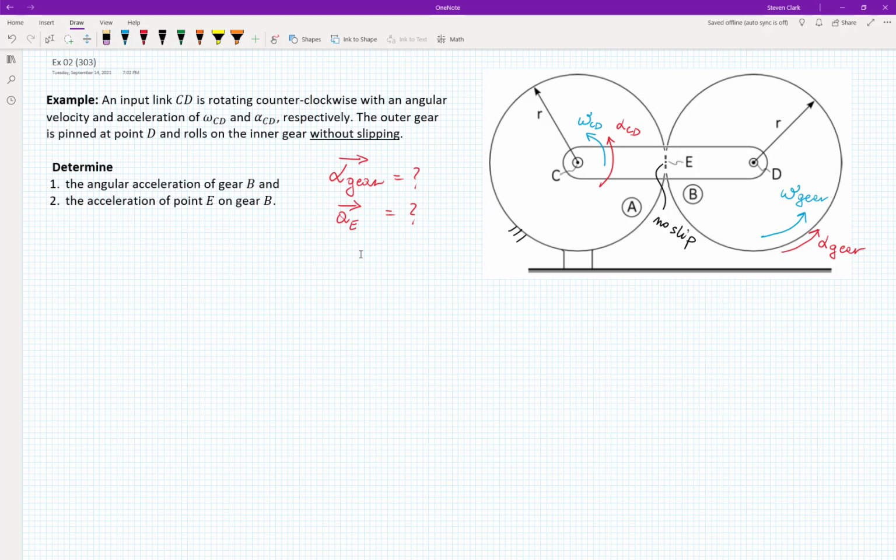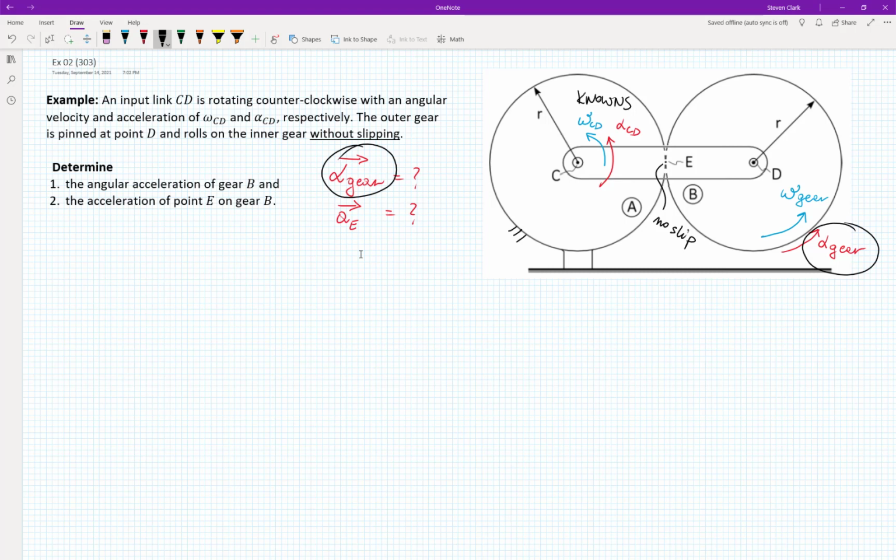And I think that the things we know are those guys. We know omega CD and alpha CD. Yes, these are our knowns. And they ask us to find what is alpha gear. So this quantity.